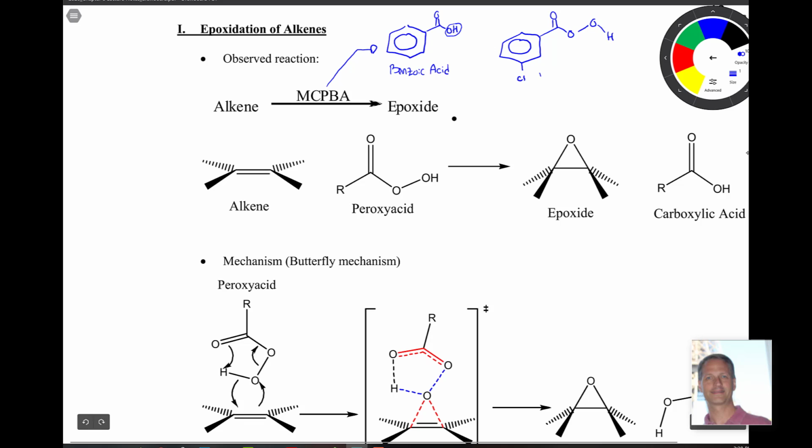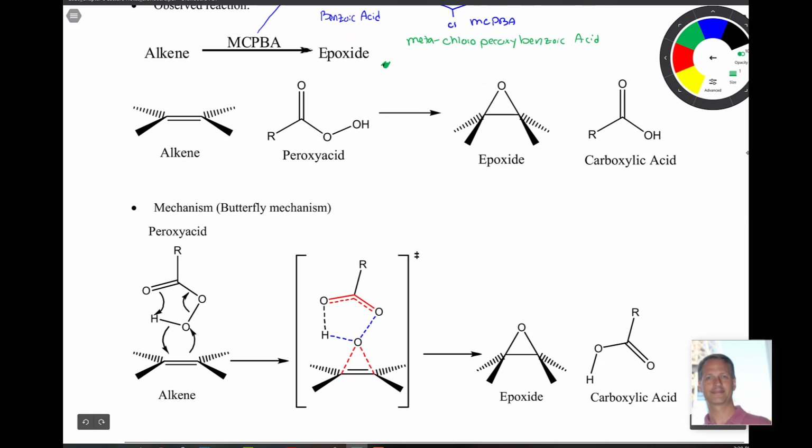So this is MCPBA, also known as metachloroperoxybenzoic acid. That's got a big scary name. All right, and just cross that thing out. Little dot there. So here's the reaction.